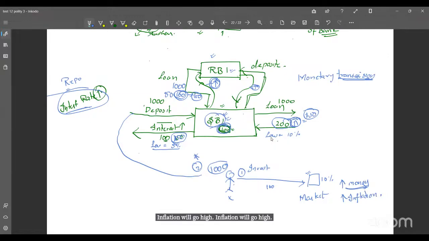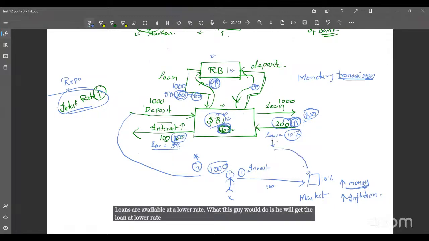At the same time, the loans are available at a lower rate. What this guy would do is, he will get the loan at a lower rate and he will do the investment. More money in the market.